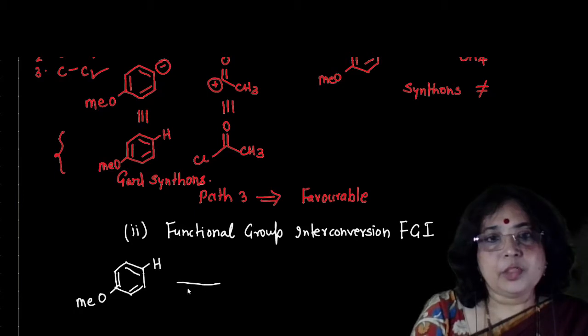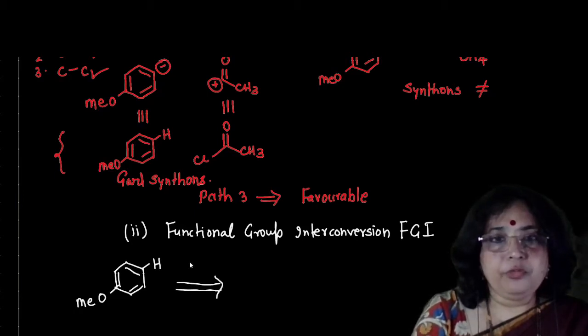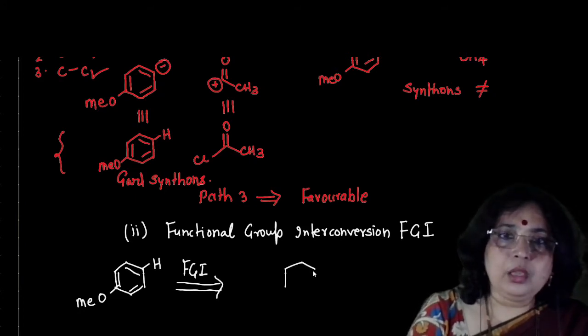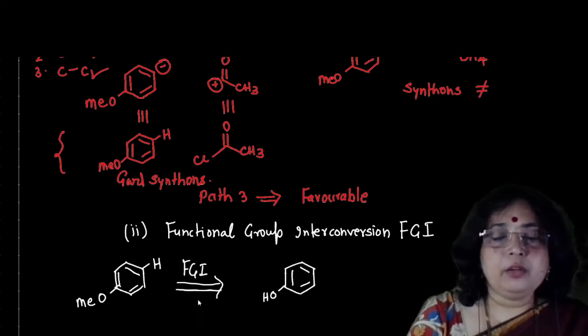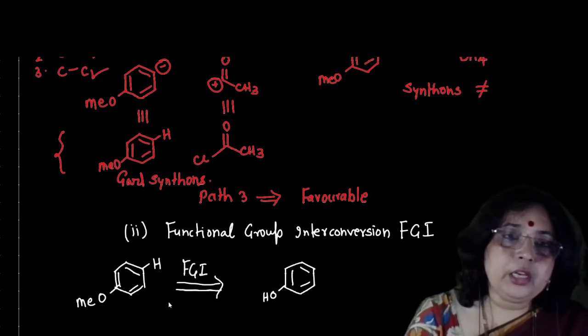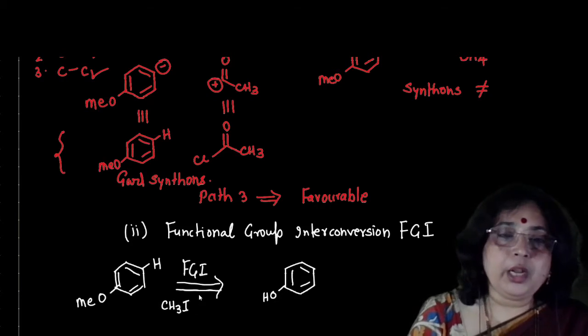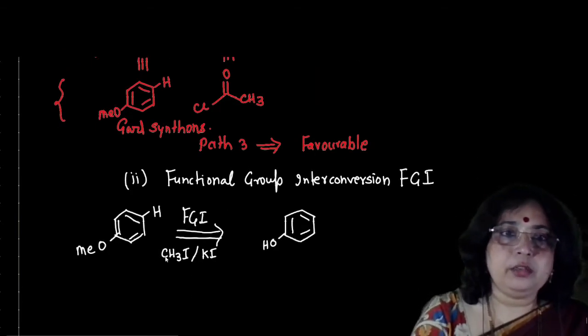And so if you want to put the FGI, here you can convert this into a phenol. And what are the reagents we really need over here? That is CH3, methyl iodide with potassium iodide, or another reagent.